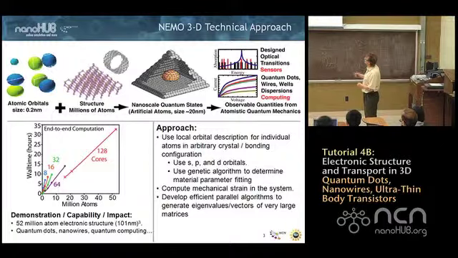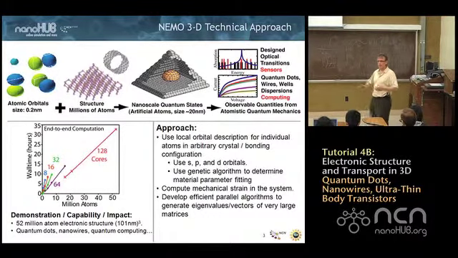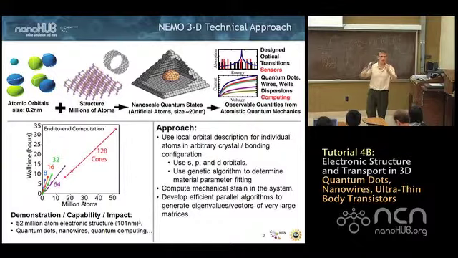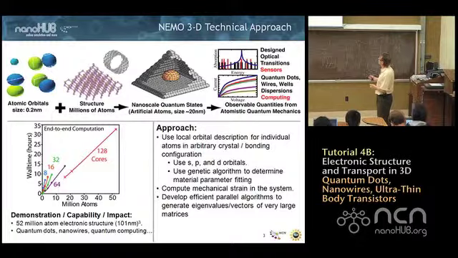In fact, we ran on 128 cores in parallel a system up to 50 million atoms. 50 million atoms may be pretty arbitrary to you, but that's roughly 100 by 100 by 100 nanometers. Okay? You can plop a modern field effect transistor into that and calculate the strain and the electronic structure of a system like that. Okay? That's a pretty unique capability.